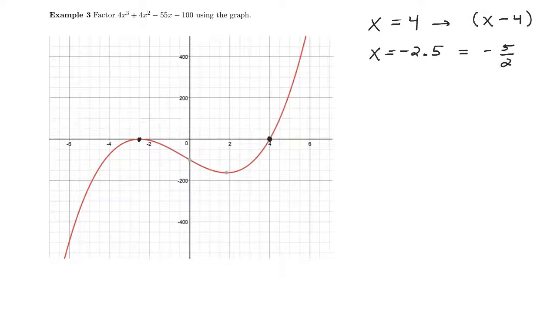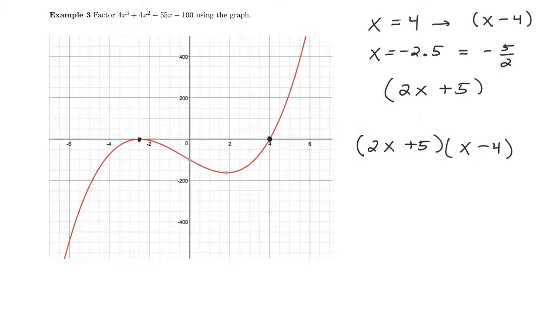But for x equals -2.5, I'm going to write this as 2x plus 5. It became positive because the negative 5 halves was negative. The 5 went at the very end, and the 2 went in front of the x. So these are my only two factors that correspond to given zeros. So I'll write that as 2x plus 5 times x minus 4.